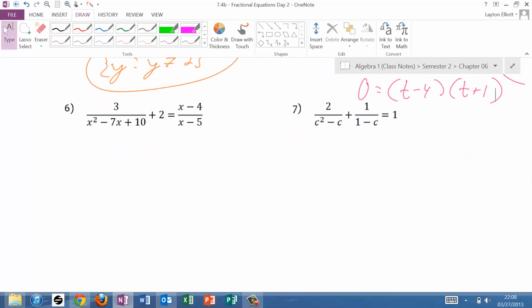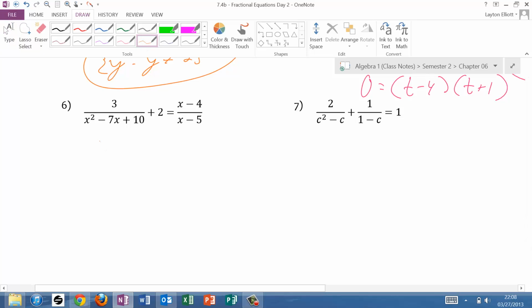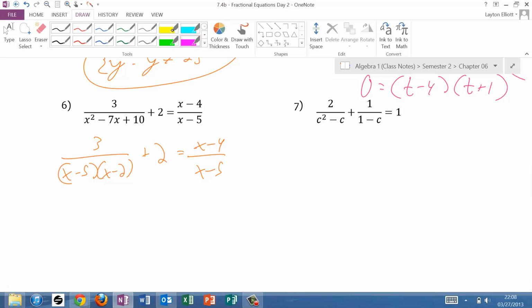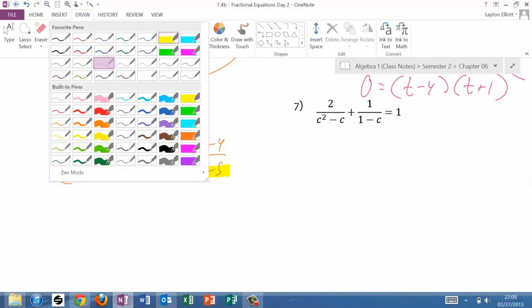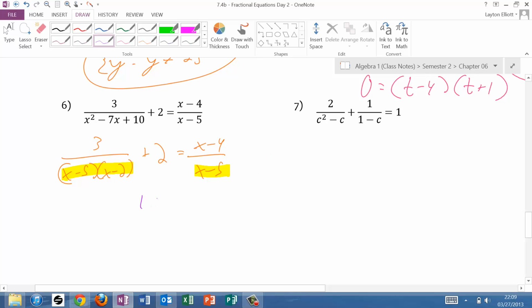Number 6, favorite F word first, we're going to want to factor this. So I have 3 over x minus 5 and x minus 7, or sorry, x minus 2, plus 2 equals, and then I have x minus 4 over x minus 5. Let's compare denominator to denominator, look at the LCD for the whole thing, and that would be an LCD of x minus 5 and x minus 2.